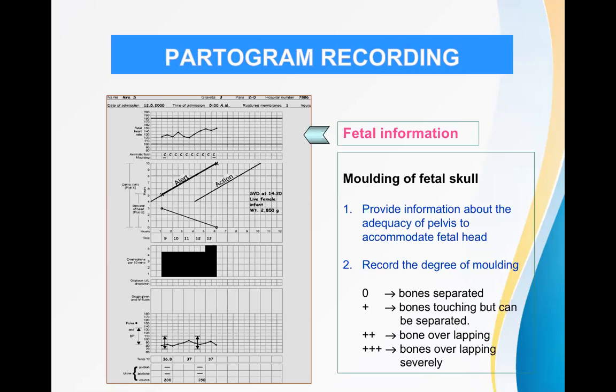Record the degree of molding. 0: bones are separated. +1 or 1 plus: bones touching but can be separated. 2 plus: bones overlapping. 3 plus: bones overlapping severely. So 3 plus molding is not good. It signifies the pelvic cavity or pelvic inlet is narrow.